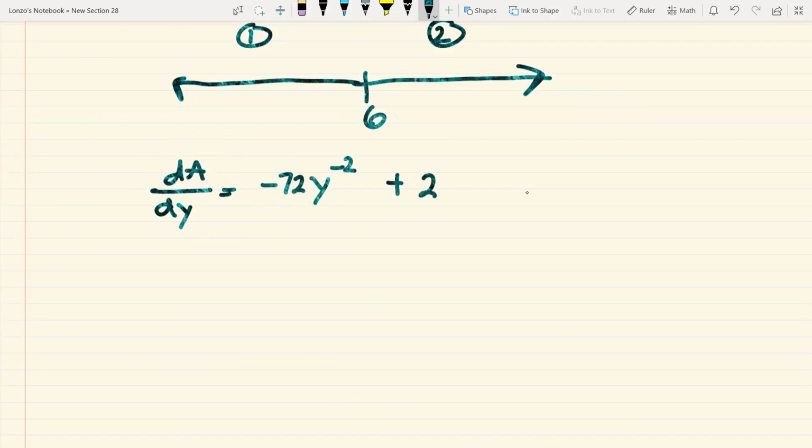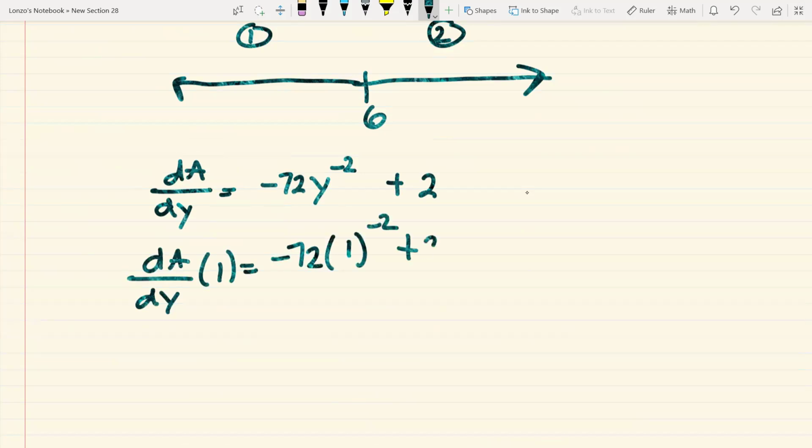Okay, so let's test region 1. I need a number less than 6. I can't do 0, so maybe I'll use 1. Negative 72, and then replace y with 1. When I put that all together, that gives me a negative value, so we're going to put a minus here. And then let's test region 2. I need a number larger than 6, so maybe I could do 7.